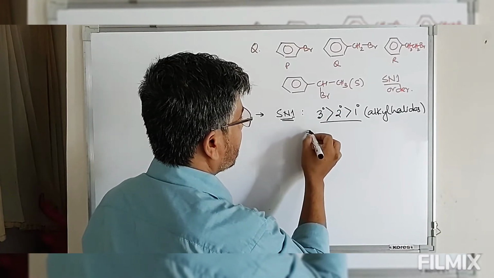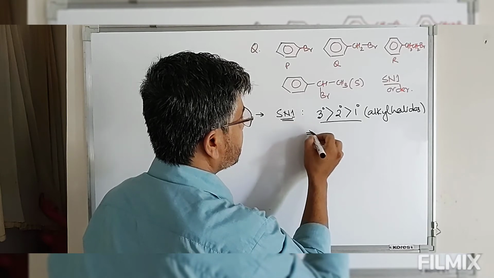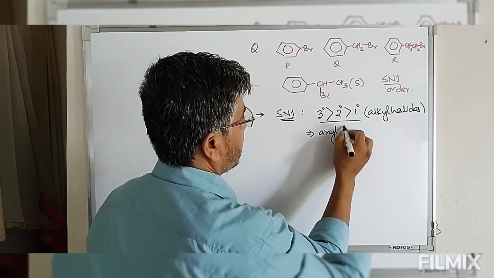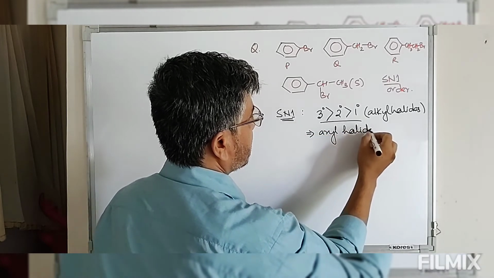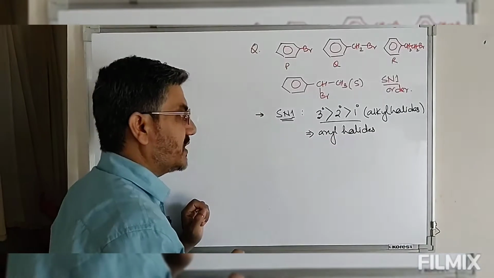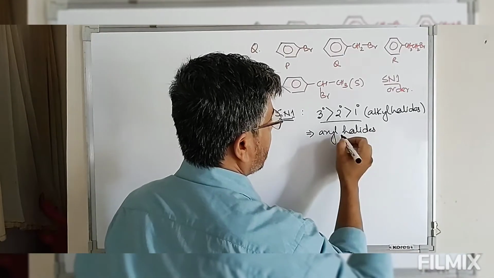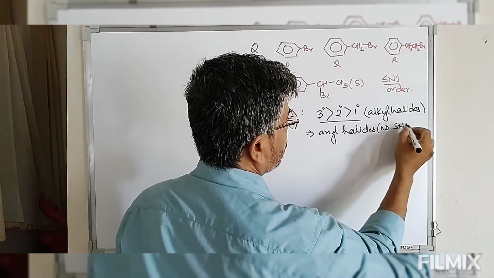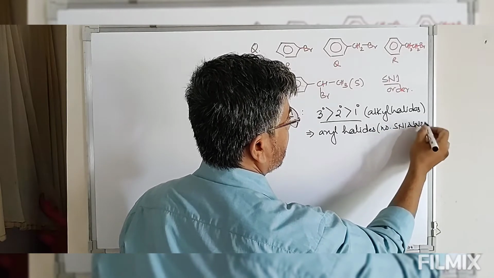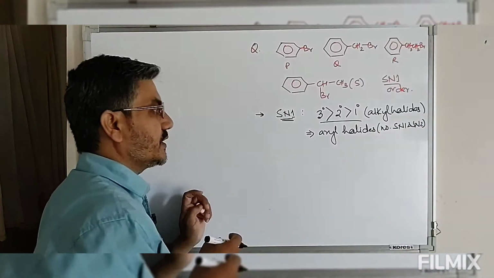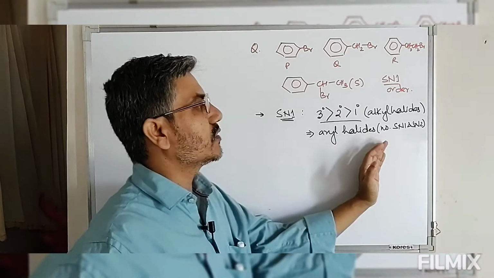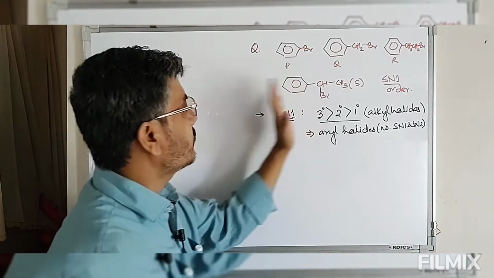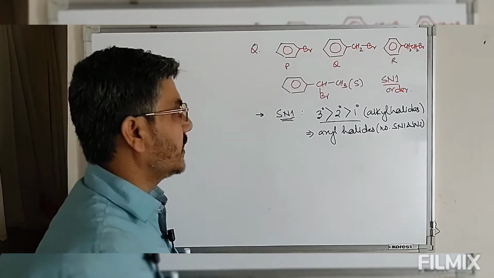Then aryl halides, that is halogen substituted benzenes, do not undergo SN1 or SN2. So normal substitution reaction by unimolecular and bimolecular path does not occur in case of aryl halides.